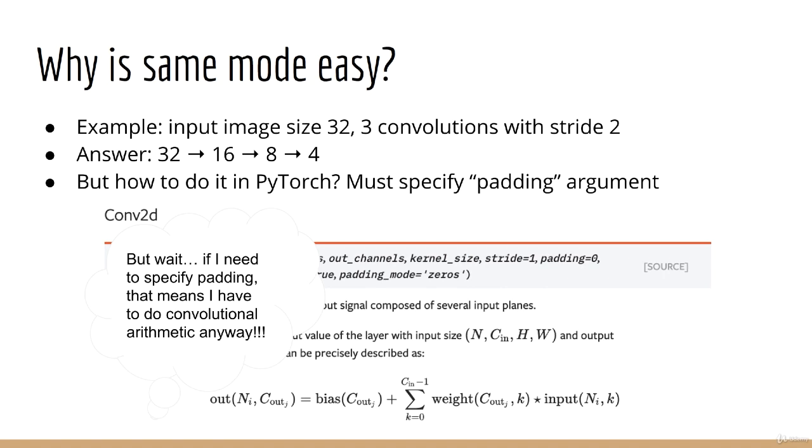In other words, you still need to do convolutional arithmetic whether you have same mode or not. So there's no benefit to using same mode because either way, you still have to do convolutional arithmetic. In fact, this might be a little harder because you have to do convolutional arithmetic in reverse. The only good reason to use same mode would be if you really believe it benefits your model's predictions.